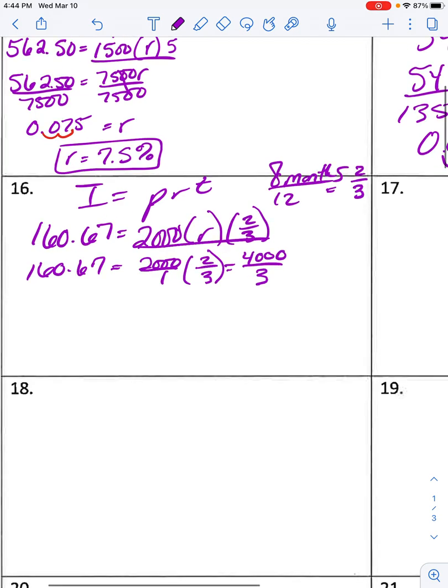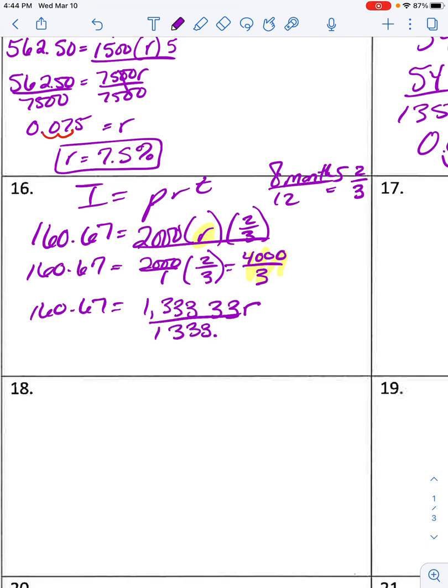Now, if we put this into a calculator, okay, remember this is money, we get $1,333.33. R. We have to bring down this R. So now we'll divide by $1,333.33 on both sides to get that R by itself. It's going to give us a decimal. We've got to turn it into a percent.